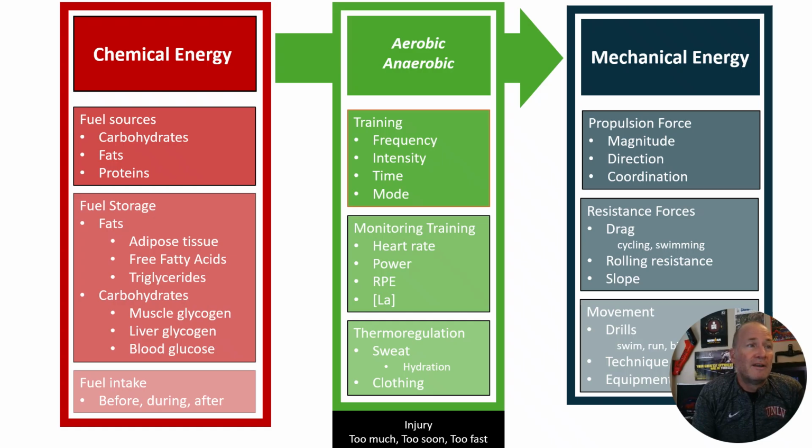As I said, 75% of the energy in this chemical energy is not being transformed to mechanical energy. It's generating heat. And sometimes we want to retain that heat if we're exercising in the cold, or we want to get rid of that heat if we're exercising in a hot environment.